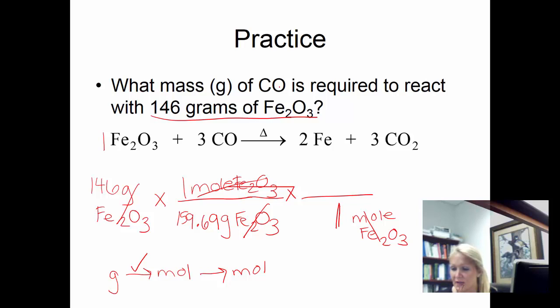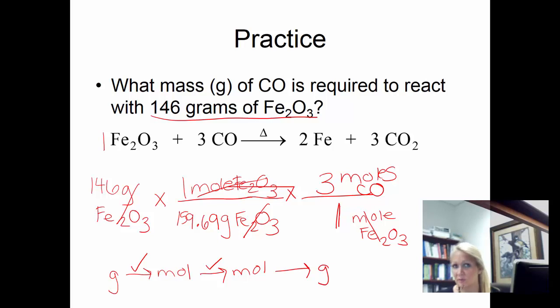Now I'm trying to find, here it's not my product. Here I'm looking for how many grams of the reactant do I need. So 3 moles CO. I have a 3-to-1 ratio, and it's plugged in that way so that my moles will cancel. So I went from moles to moles using my balanced equation.